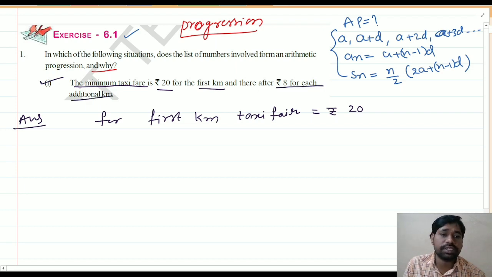Means if the distance increases by each kilometer, the taxi fare also increases by 8.